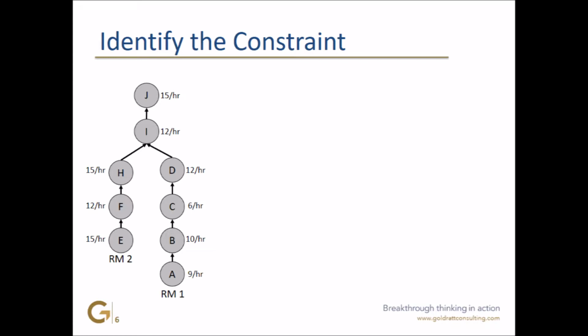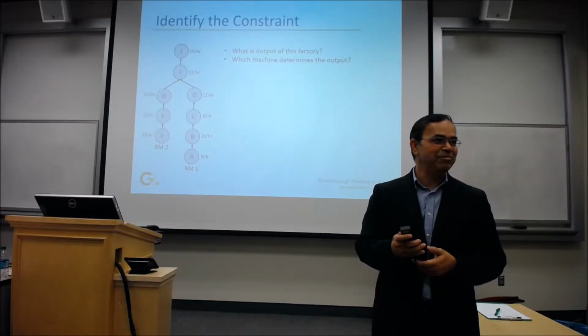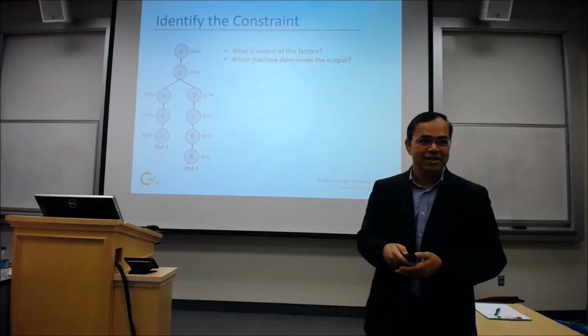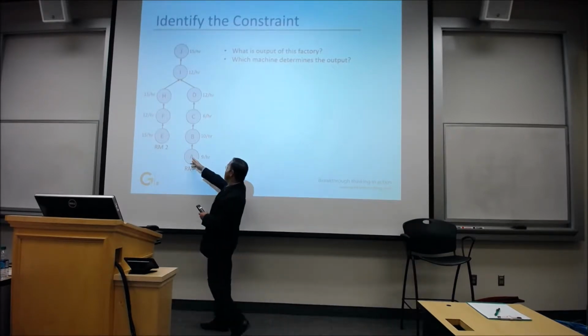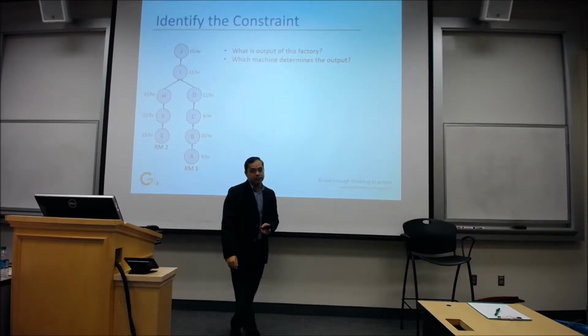If you look at this handoff from A through J, what is the output of this factory? What do you think this factory can produce? Tell me. I may not have explained this. A can produce 9 widgets per hour.